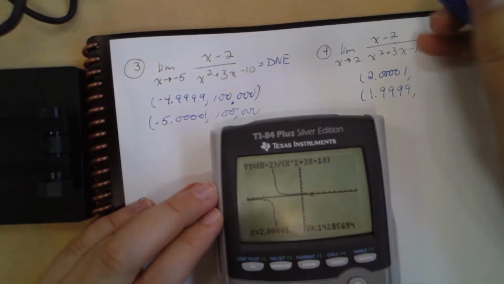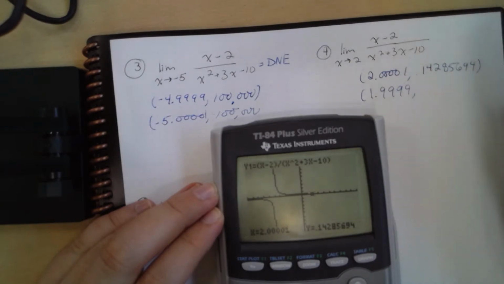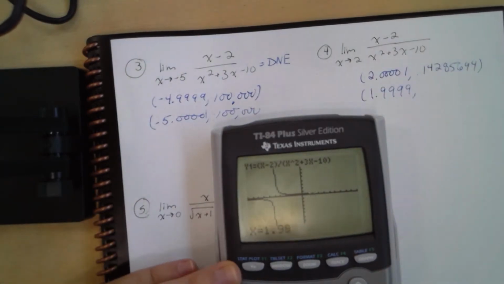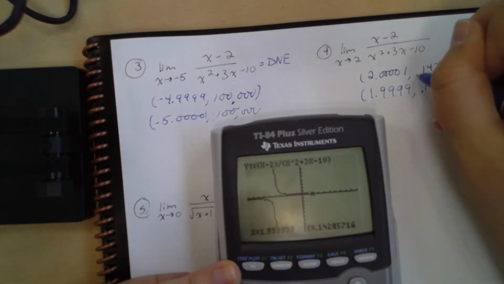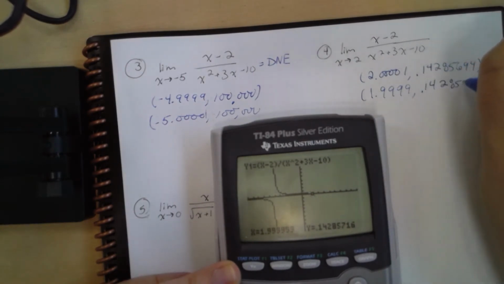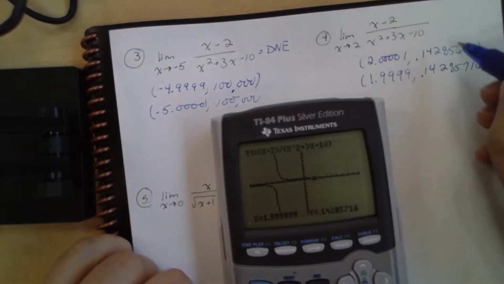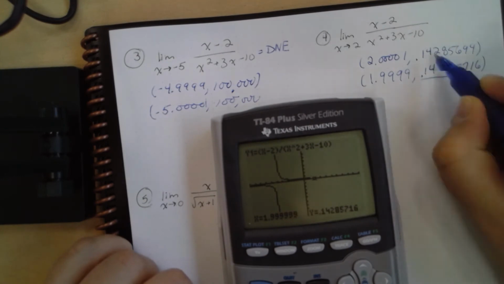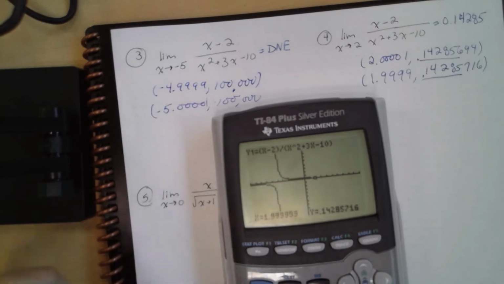I get 0.1428564, and at 1.99999, I get 0.14285716. As we keep going, these aren't matching up, but really they are getting very close to one another. So it looks like our limit here is going to be 0.14285. Good? Okay, 3 more examples.